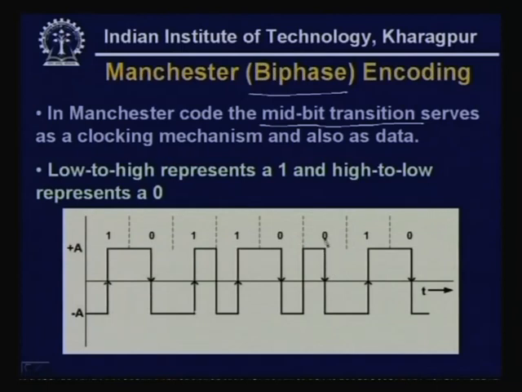However, when you have alternating zeros and ones, then as you can see the number of transitions is 1 per bit. However, you have got enough number of transitions. This is Manchester encoding, where the signal levels are represented by the transitions. Essentially it is going from high to low or low to high in the middle bit position.